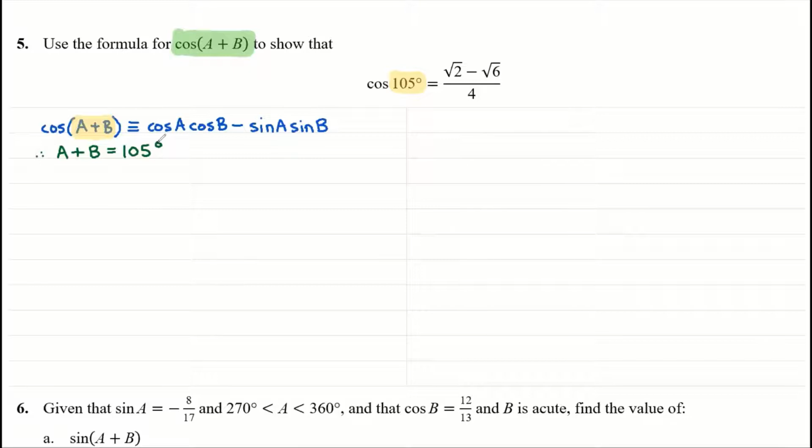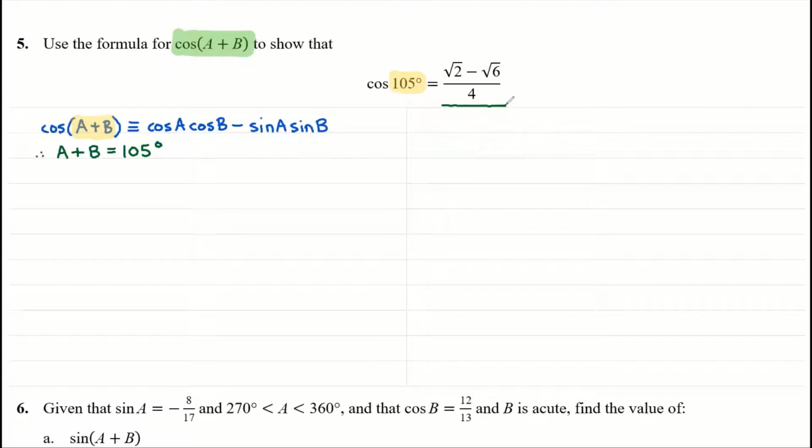Do we have options? Well, it looks like if we can write our answer down as some kind of real number, irrational though it may be, are there some cosine values that we know of angles that would actually sum to 105? And you were asked to do this in the warm-up activity. You were asked to find sums of angles that you are familiar with that would add up to 105.